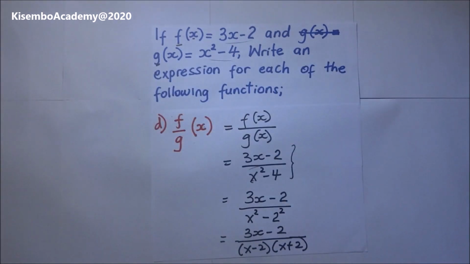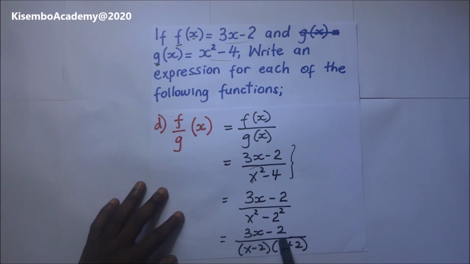So since here the quotient function is 3x minus 2 over x minus 2 into x plus 2, the condition here is that if I make x 2, it's going to be 2 minus 2, this is going to be 0, and it will make this whole denominator 0. Likewise, if I make x -2, it's going to make this whole thing -2 plus 2, giving it 0.